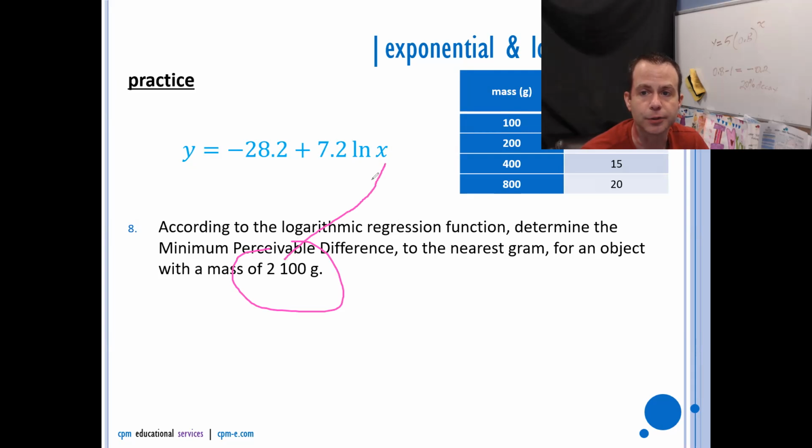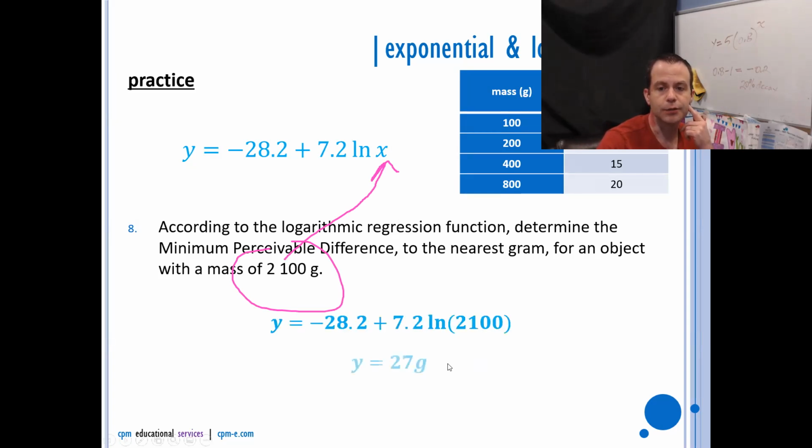It's an X value, so you're going to plug that in for X. Then you can just type that in your calculator. You don't even have to graph anything for this one. You should end up with 27 grams. The minimal perceivable difference is 27 grams if my mass is 2100 grams. Okay, awesome.